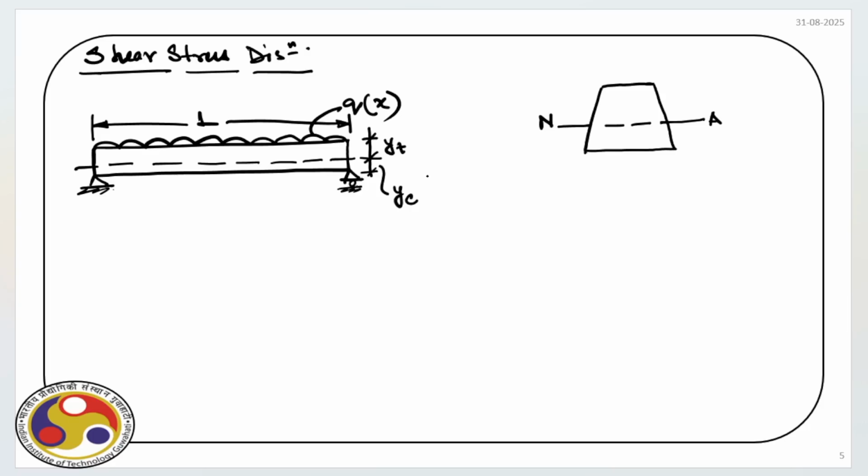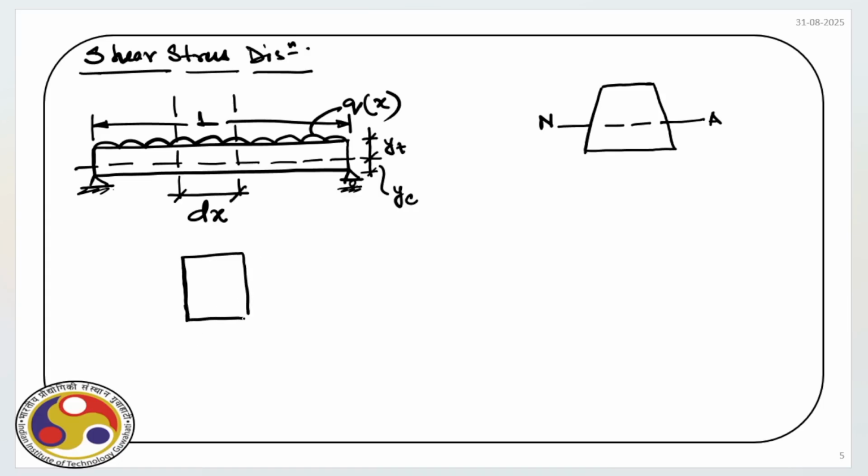Now, again, for this cross section, let us consider a differential element. So we have this length dx, and we again will consider the distribution of shear force and bending moment over this differential element, right?